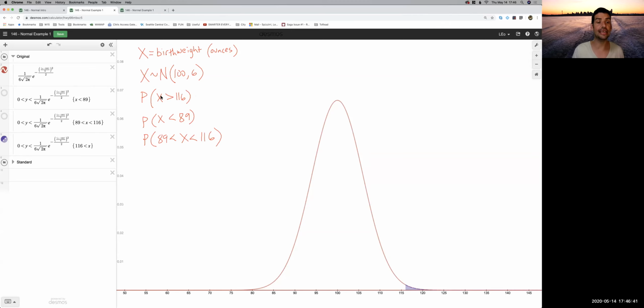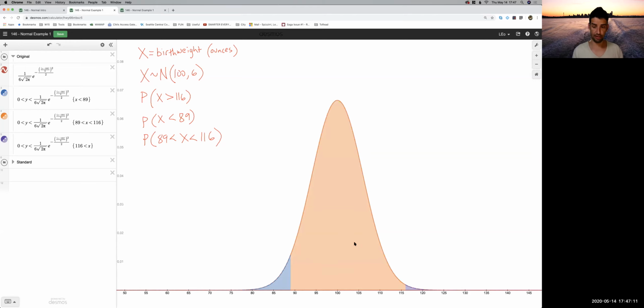Whatever we compute this area to be, some number between 0 and 1, that's going to be the probability of being greater than 116. Then this blue area is the area below 89, and that's going to give us the probability for the birth weight being less than 89. And then finally, this orange area represents the probability of being between.